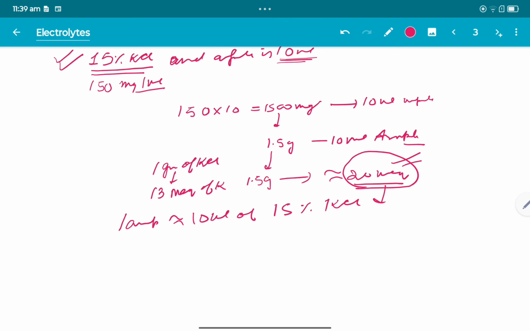And what is the normal daily requirement? It is about 60 to 80 milliequivalent of potassium per day. So you have to replace it with 2-3 ampules of 15% potassium chloride, which you can give over a period of 1 day. Okay. Similarly, 7.5% sodium bicarbonate, which comes in a 25 ml ampule, how much can you give?